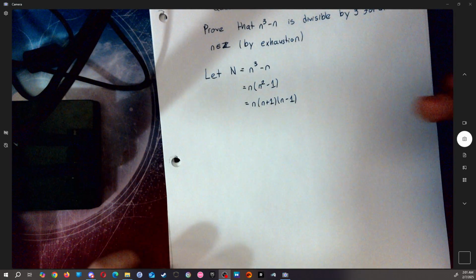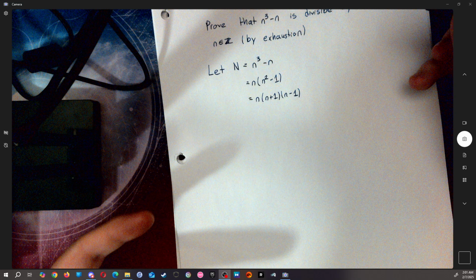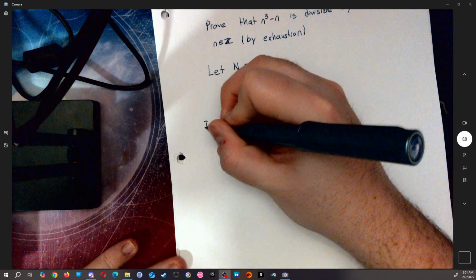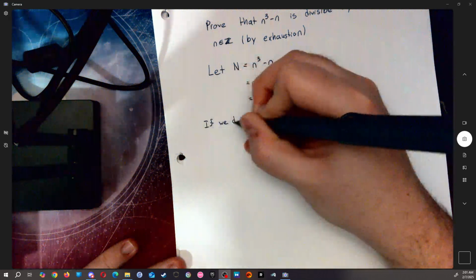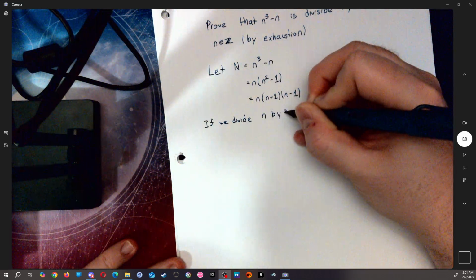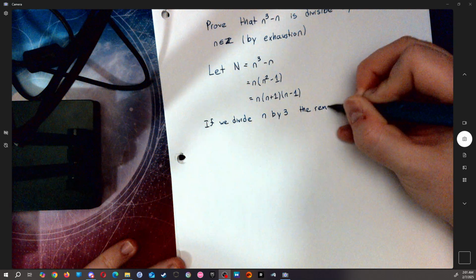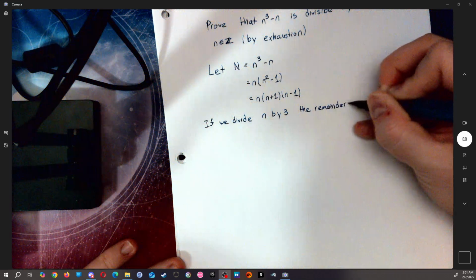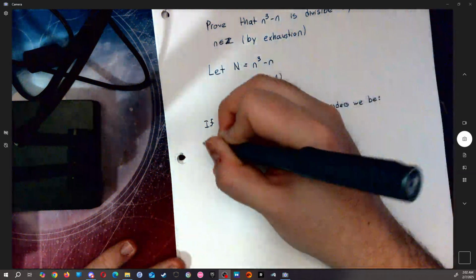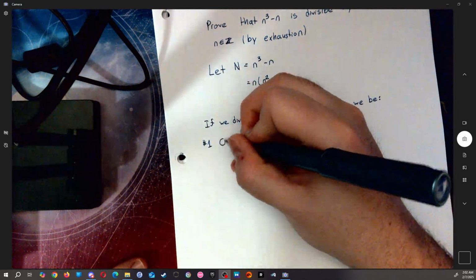So the way I demonstrate that mathematically is by setting up my multiple cases. In this case, I'll have 3, but making sure that I look at every case. So if we divide n by 3, the remainders will be what? I have scenario number 1, where n is just perfectly divisible by 3, so I have a remainder of 0.